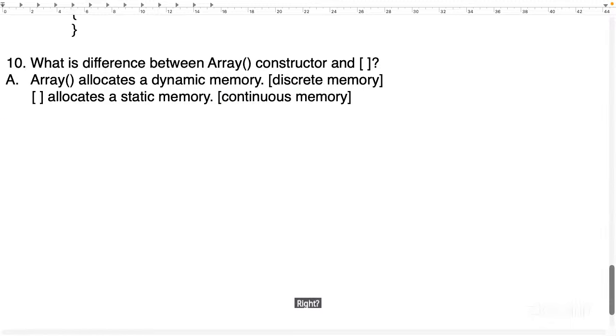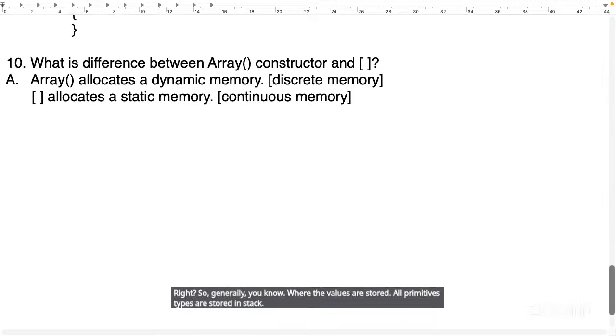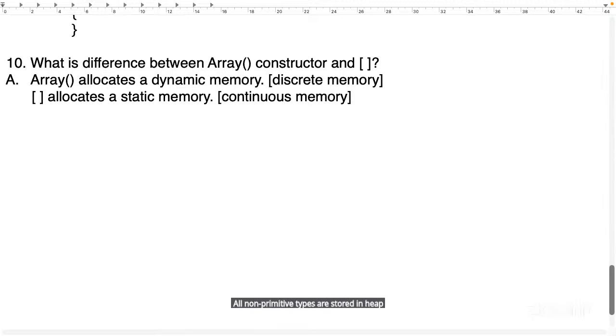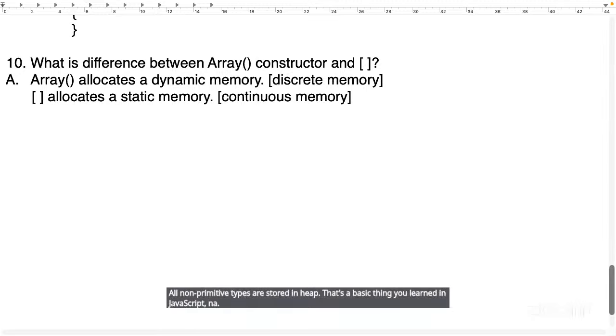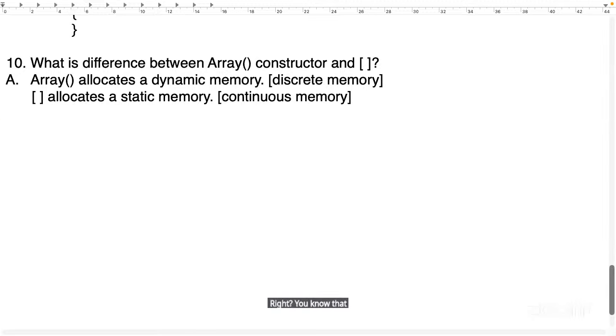So generally, you know where the values are stored. All primitive types are stored in the stack. All non-primitive types are stored in the heap. That's a basic thing you learned in JavaScript, no? Right? You know that. So this is the basic difference between an array constructor and an array meta character.